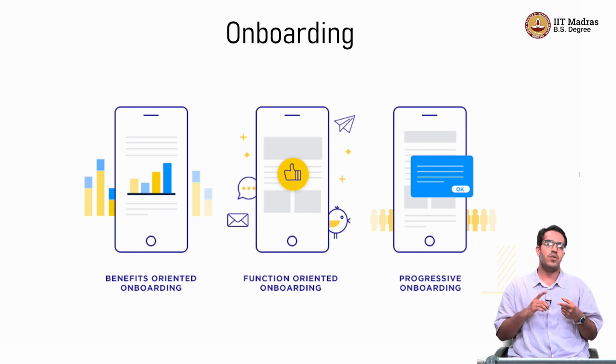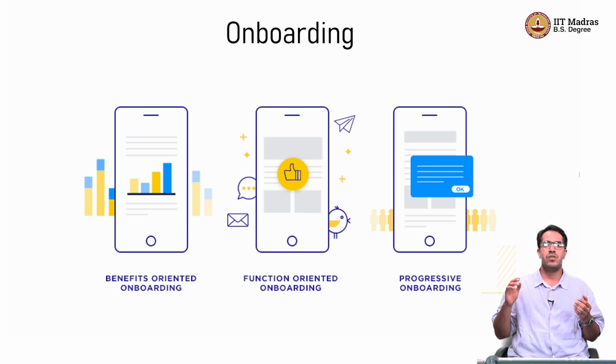The first one we have is benefit-oriented onboarding, which highlights the value that the user can get out of a mobile app. Here it is best to showcase what the mobile app can do for the user in very few slides and in very clear language. Second is function-oriented onboarding.